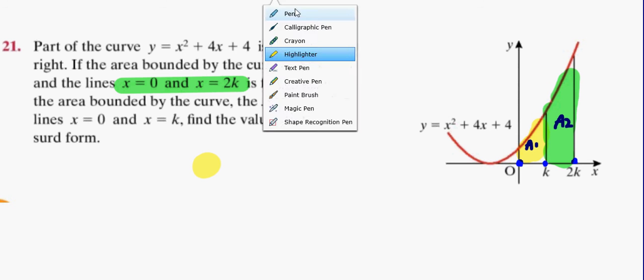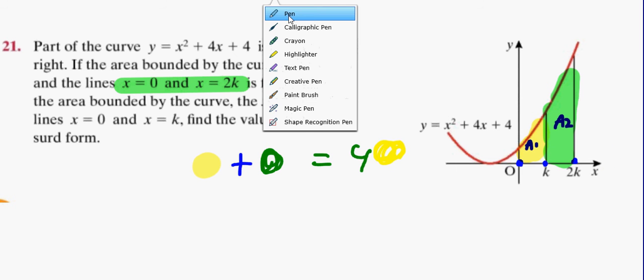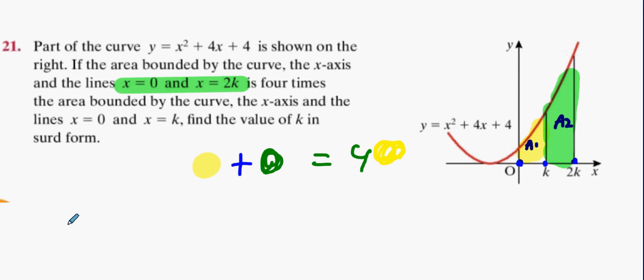Yellow plus green equals 4 times yellow. Is that alright? That's your formula. Okay. Now how do you get the yellow plus green area in one swoop? Integrate it all the way from 0 up to 2k. Is that alright?